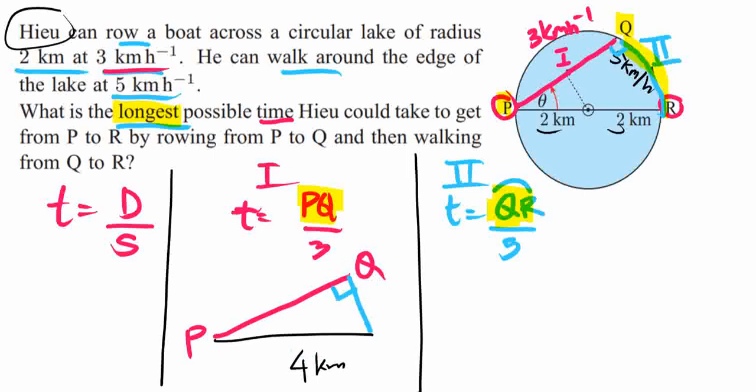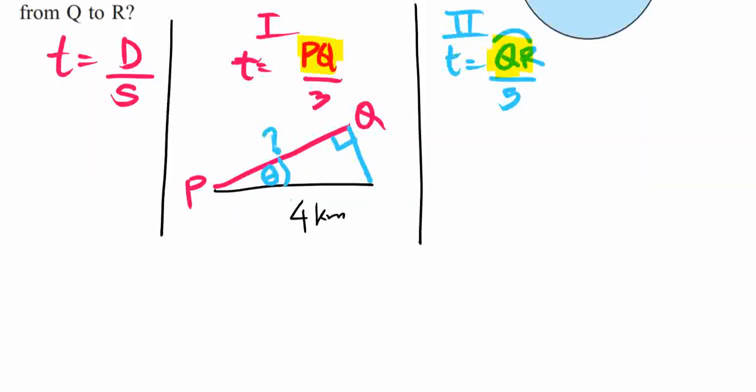Since this is a right angle triangle and this is theta in here, now we can get the distance of PQ in terms of theta. In trigonometry, this is the adjacent side, this will be the opposite side, and this is the hypotenuse.